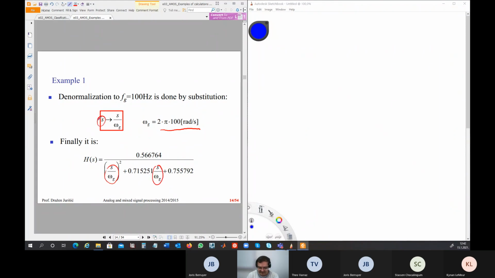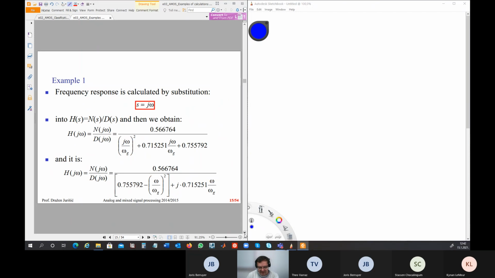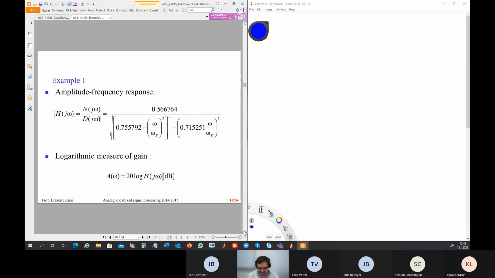And then you can calculate the frequency response. It's calculated by substituting S with j omega in H of S, and you obtain this, and the following step.